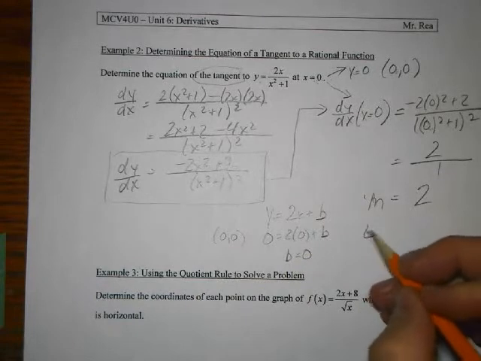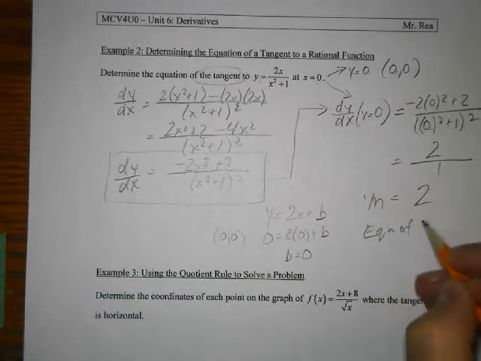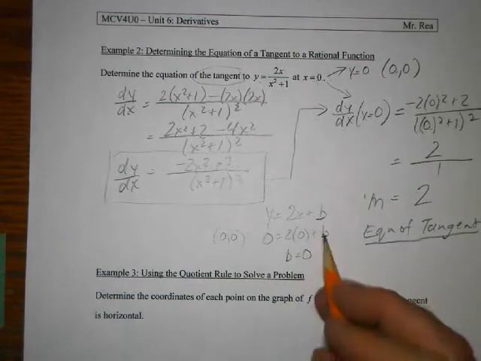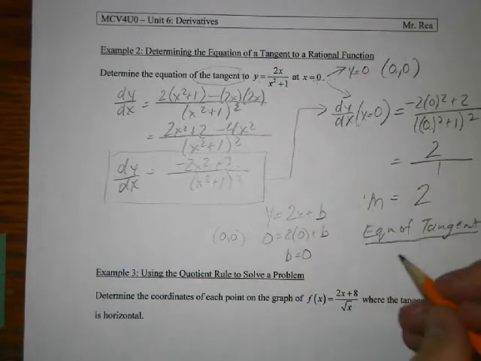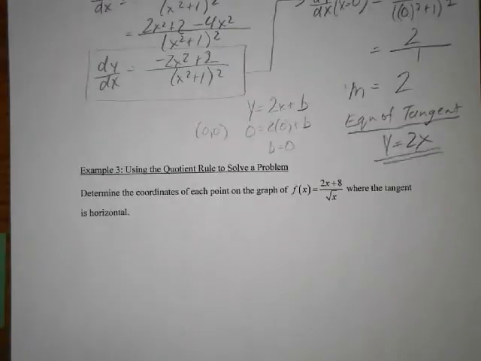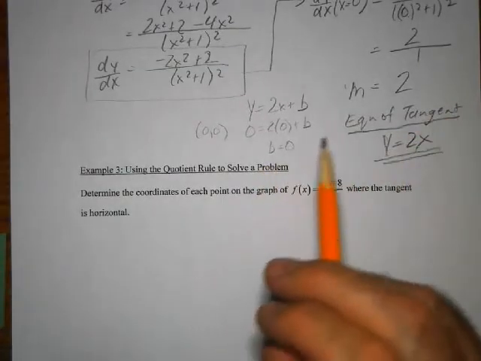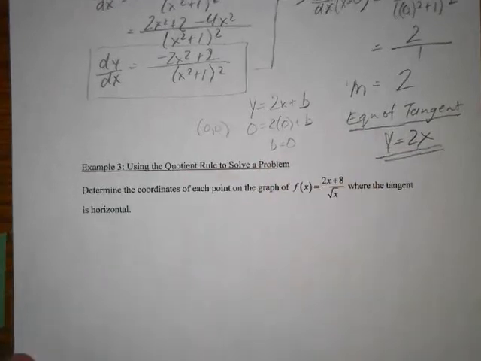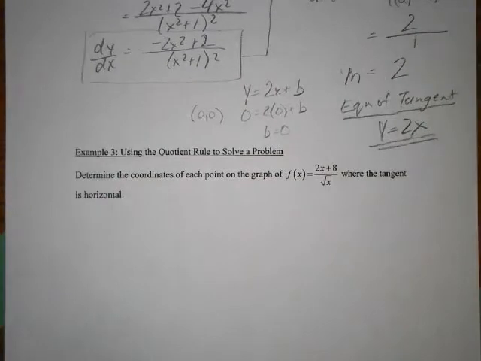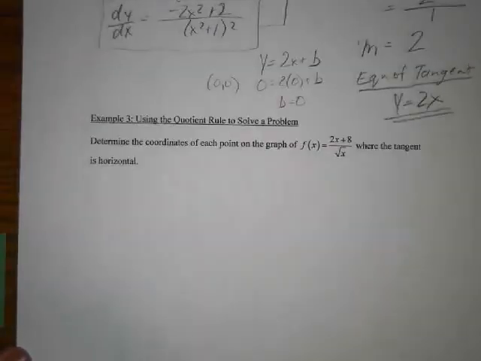So the equation of the tangent, we just put our b value back in there, which is 0, is y equals 2x. Okay, and that's it. So hopefully you should be getting good at these find the equation of the tangent questions. All we're doing is practicing using different types of derivative rules.